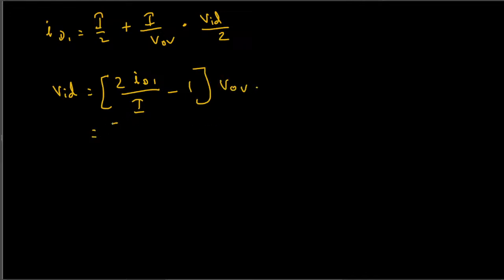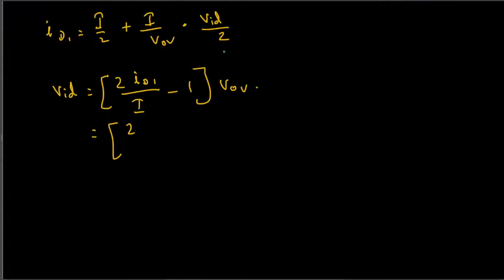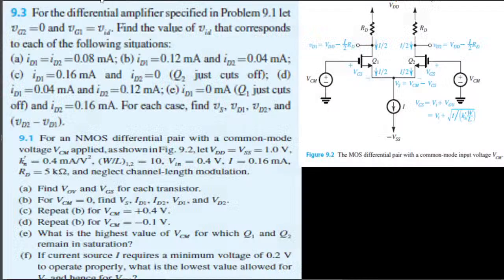Okay, now we have all the values available. 2 times ID1, that is given to us in the question, that is 0.12 milliampere, and I is given in the question. We are using the 9.1 question for this one as well.